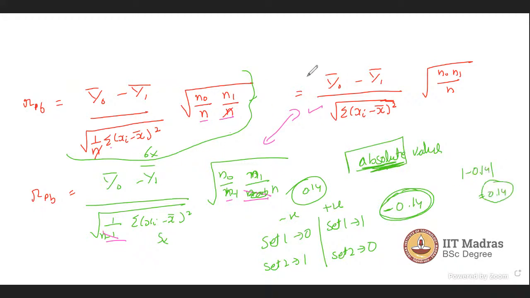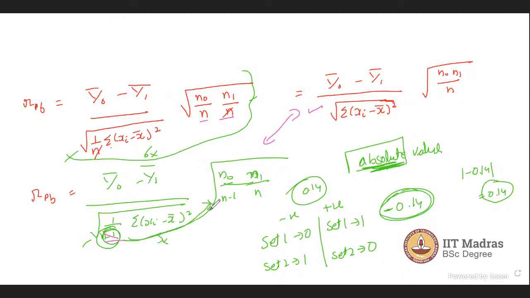Sir, one confusion: this n and n minus 1. How did you convert it with n0 by n and n1 by n minus 1? You can do the reverse also. Why should we divide by n minus 1? Proportion is not n minus 1. Yeah, but here you are taking the sample standard deviation, and to compensate for that we divide by n minus 1. But P0 and P1 are proportions. Yes, but this is the variance, and this is the sample thing.